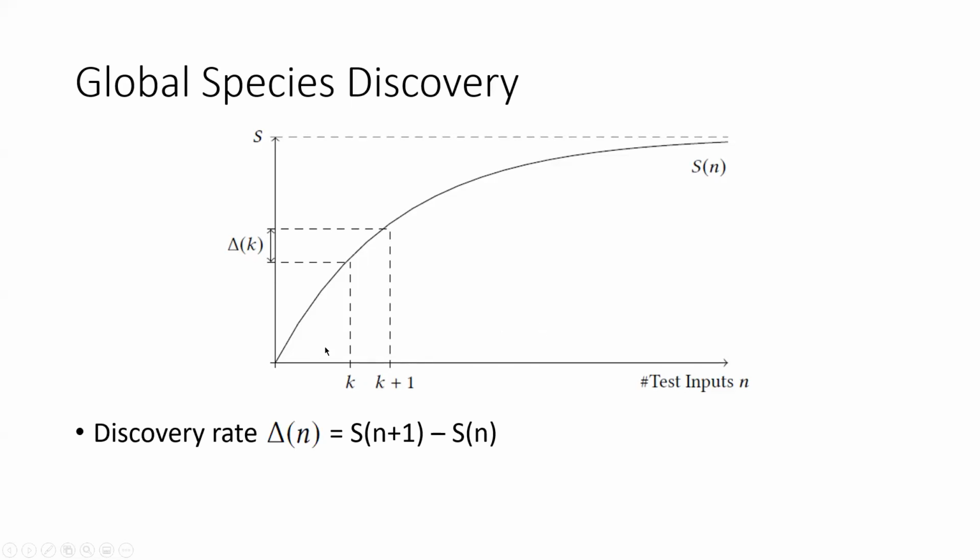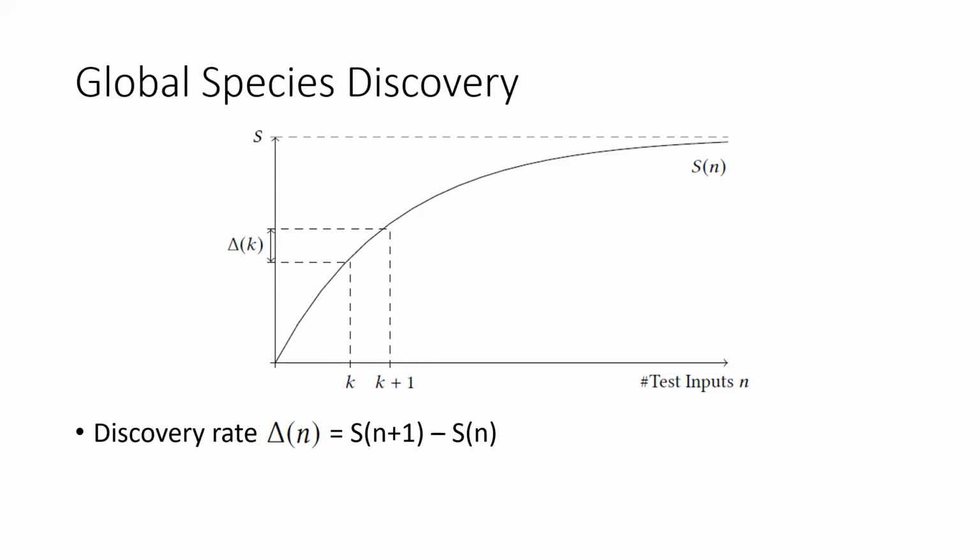And so they define this discovery rate, the change of n. So basically, how many species you discover given test input number n. I got this one, but it seems that there's a formula for SN, right?